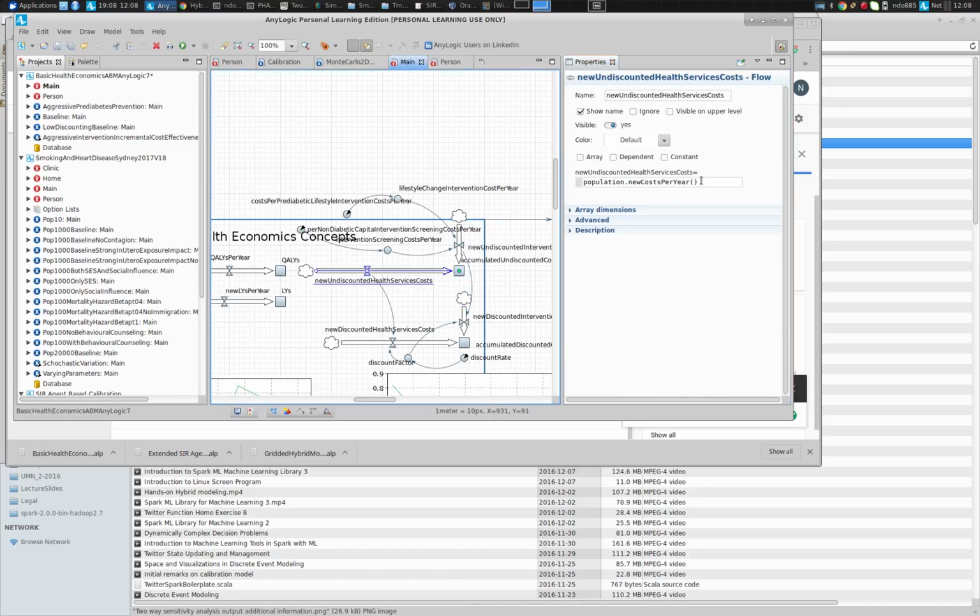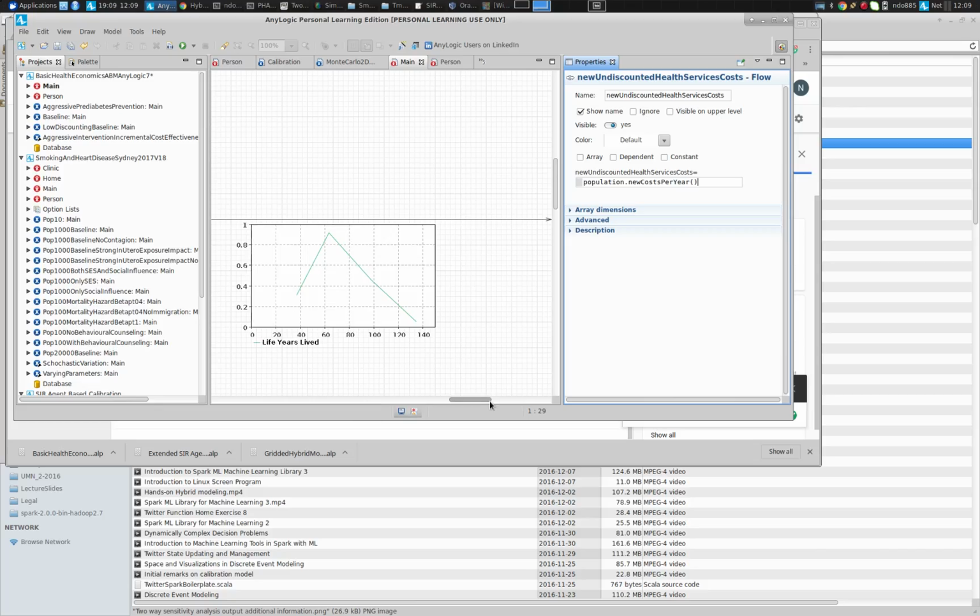So take a look at this flow. What are we doing here? What is going on there? Yeah, what is this new cost per year? It begins with an S. It's a statistic.